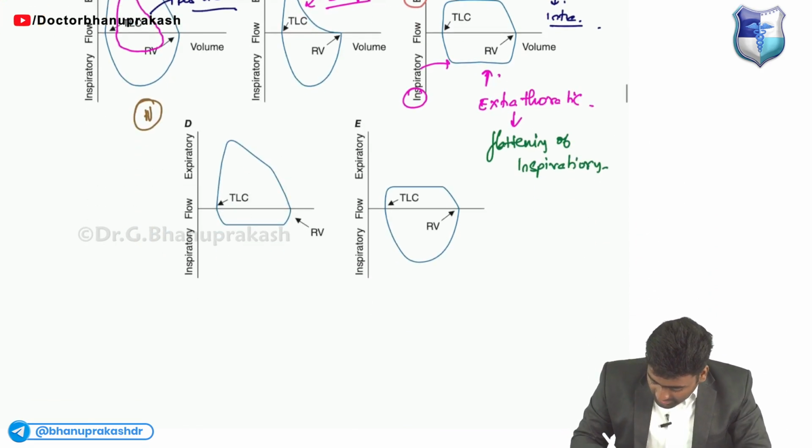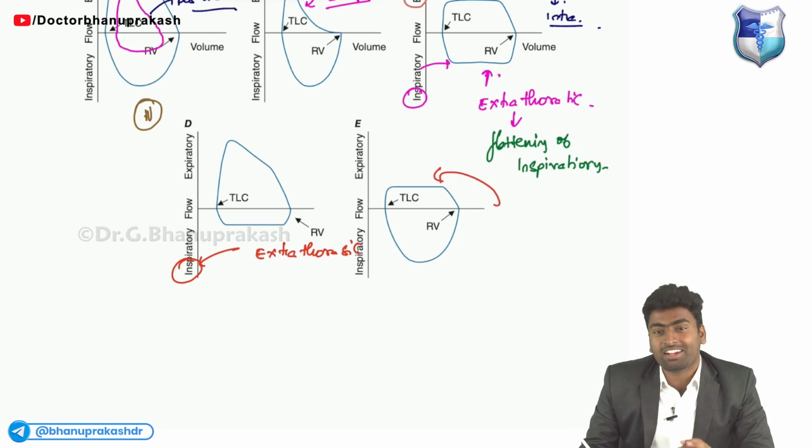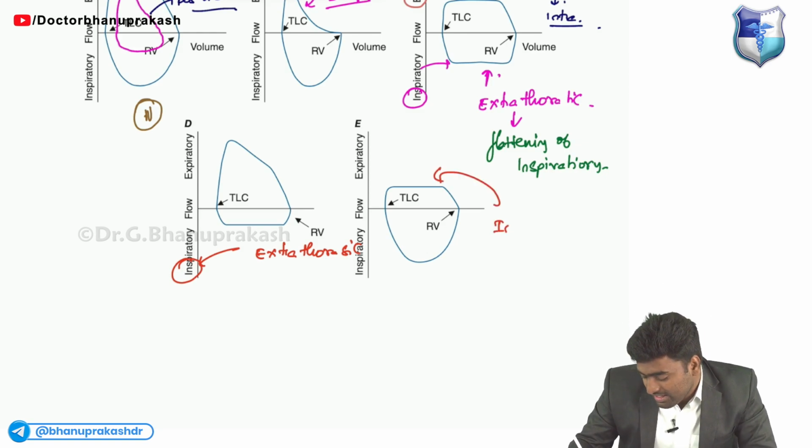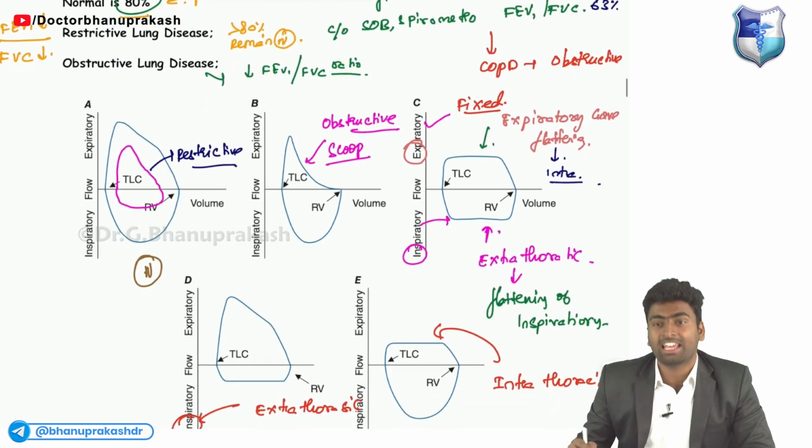Whereas if there is only inspiratory flattening, it is because of extrathoracic obstruction. If there is only expiratory curve flattening, then it is intrathoracic obstruction like foreign bodies. If both sides are flat like this, it is because of the fixed obstruction.